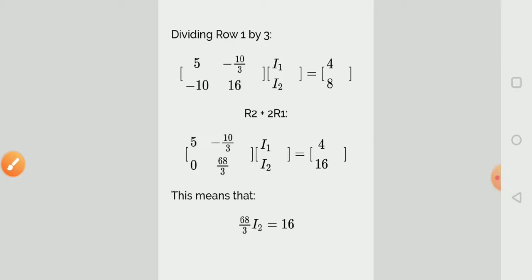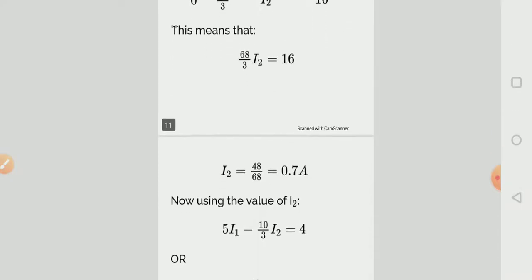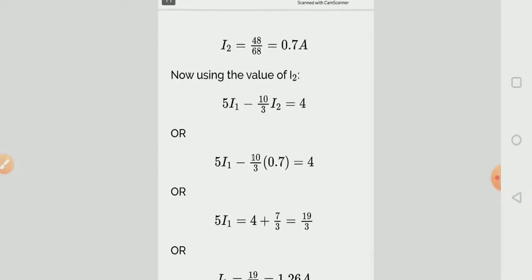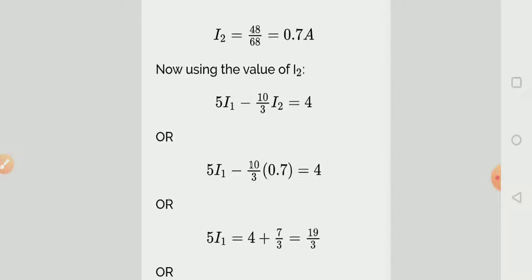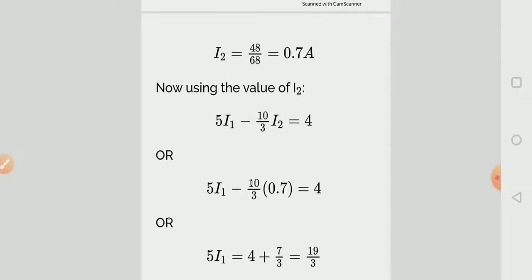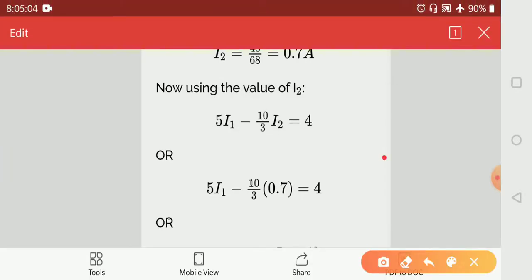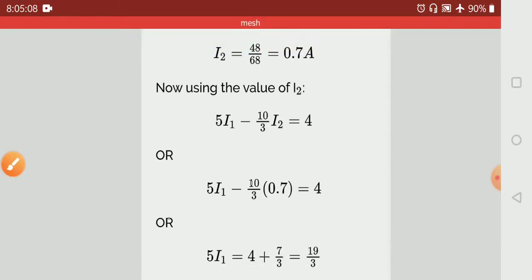From here we find the value of I2. The value of I2 is 48 upon 68 equal to 0.7 ampere.